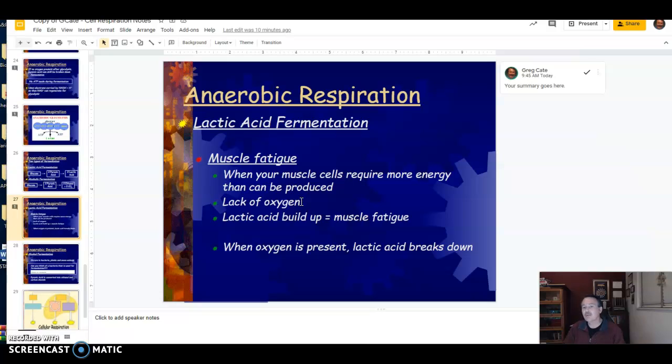Now, once you get oxygen back in your system, and you're breathing real hard, but you stop your exercise, whatever puts you in that situation, that is called oxygen debt. Once you start getting enough oxygen back in your system, you start repaying that debt. The lactic acid will start being broken down by the introduction of this oxygen.